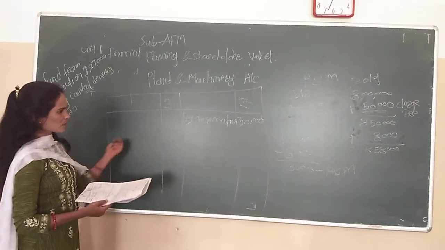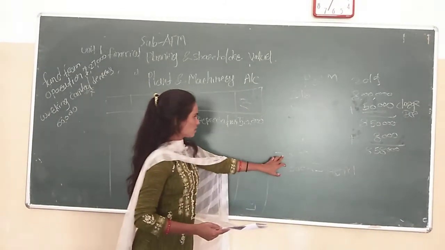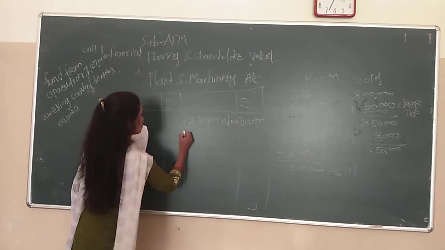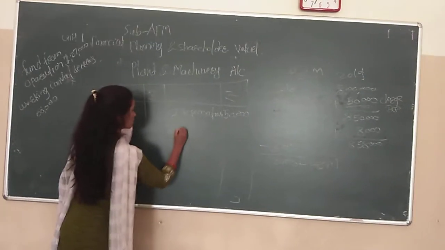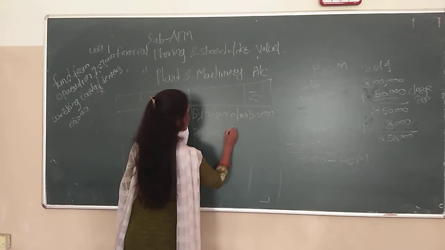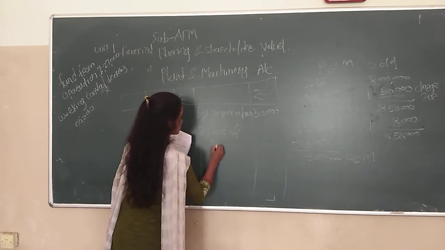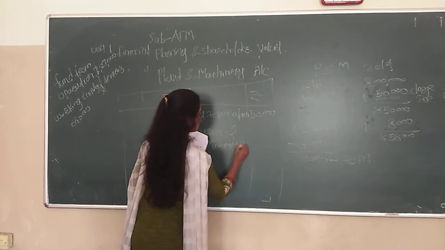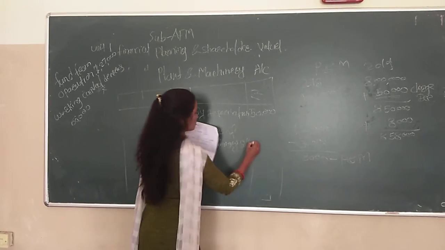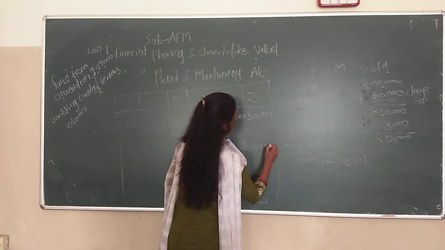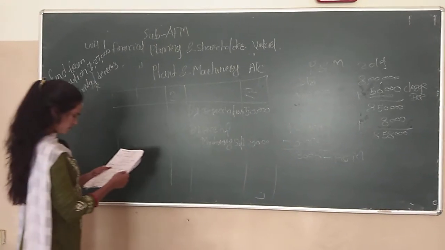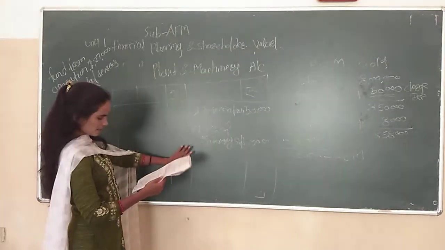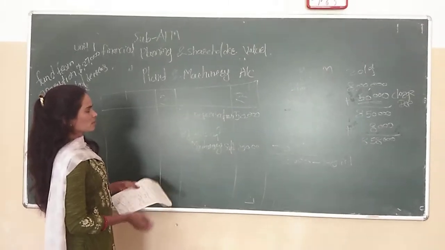By piece of machinery sold 8,000. And by balance carried down 8 lakhs, meaning 2019.